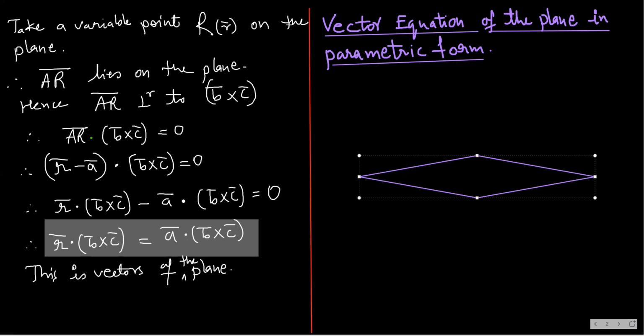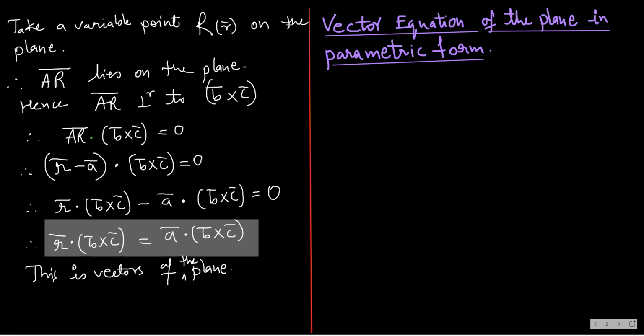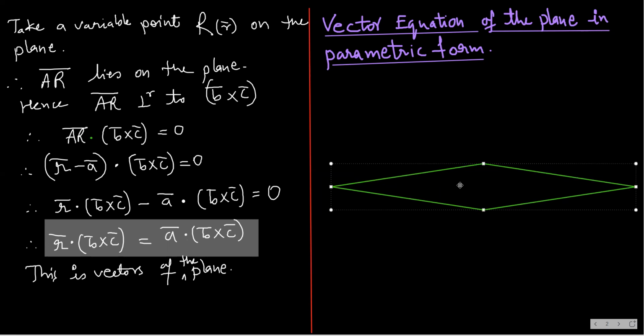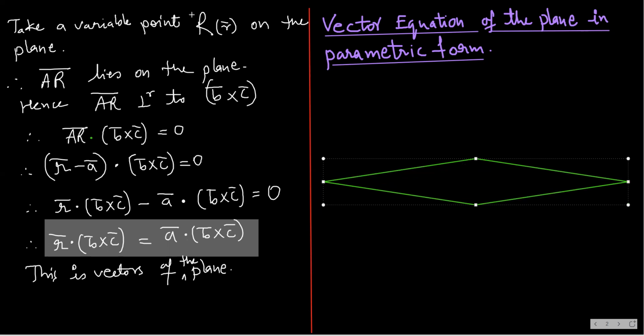The concept was, if there are three coplanar vectors, think of a plane, and in this plane you have three vectors. I'm just doing the revision of what we had done because I would need it now.